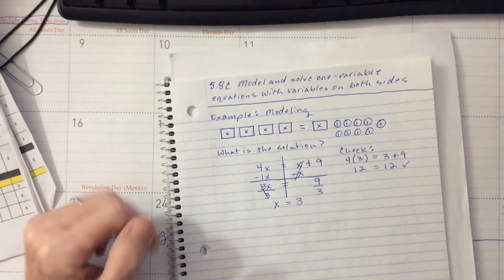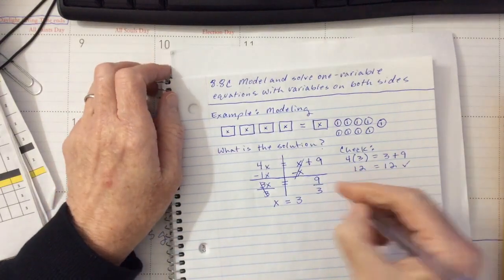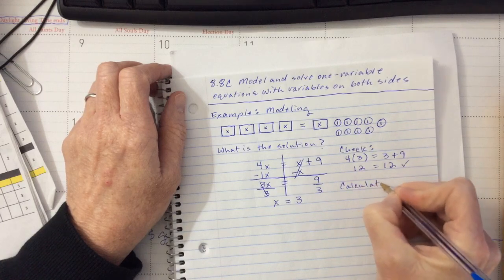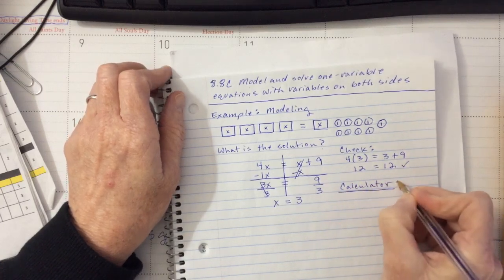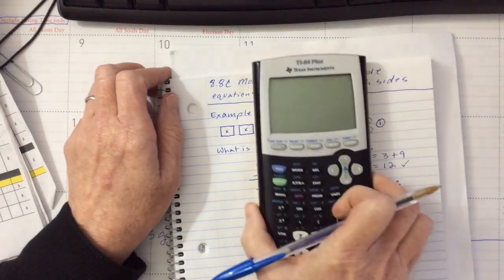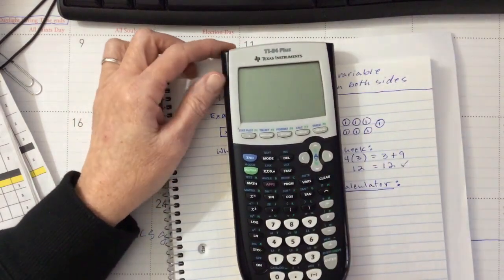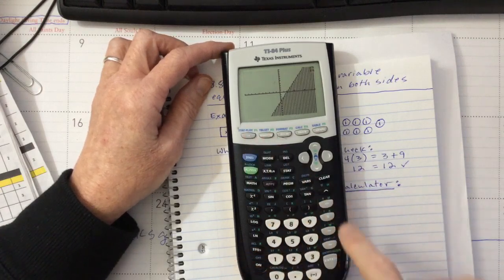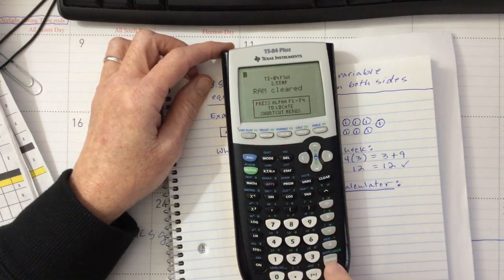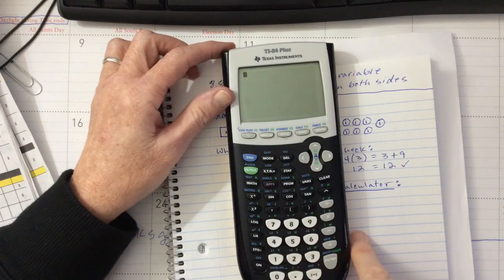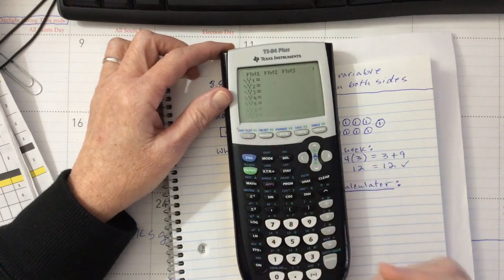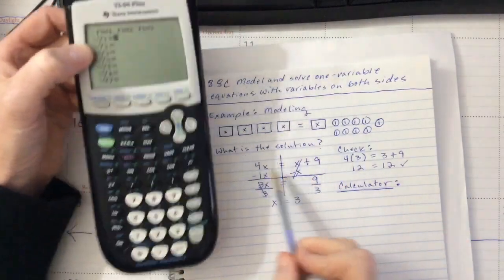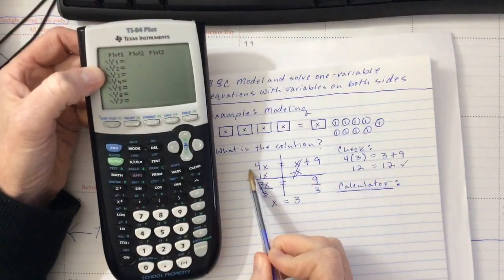Now for the calculator. So, let's turn it on. We're going to hit second plus 712, get out of that. And you're going to hit y equals, because we want to put this side of the equation in.